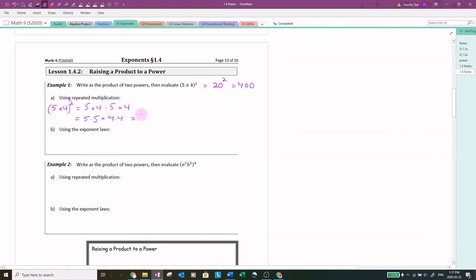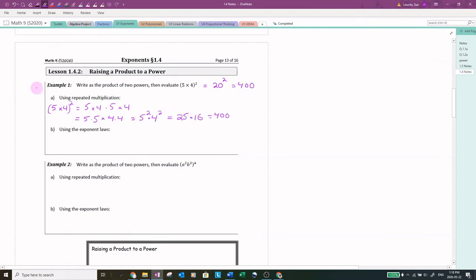Which I can then rewrite as 5 squared, 4 squared. Now I could put a dot in here. I don't technically need to, because the squared separates the 5 from the 4, so I know it's not 54. But there's no harm in putting that multiplication symbol in there. And then I can multiply this out, and I get 25 times 16, which equals 400.